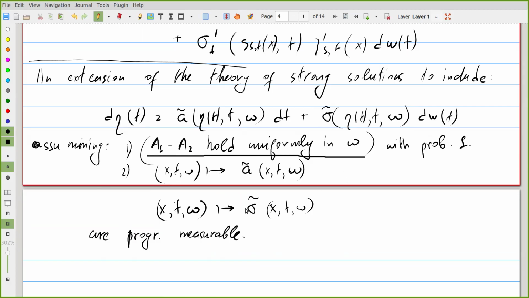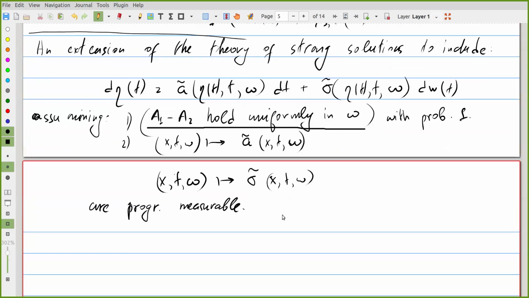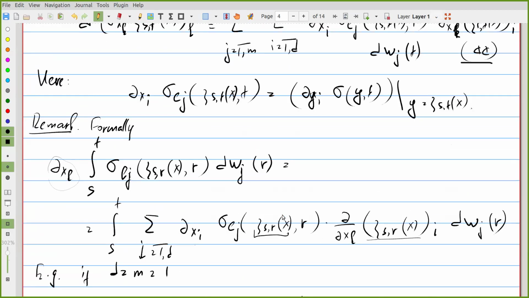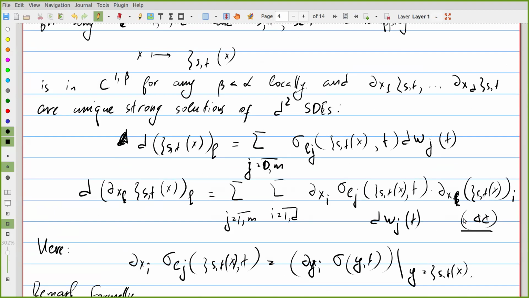Localization techniques would work too, etc. The solutions we obtain are going to be continuous with respect to the time variable by the very same arguments we used to prove that result for our initial SDEs. So we can believe that this is a well-defined system.